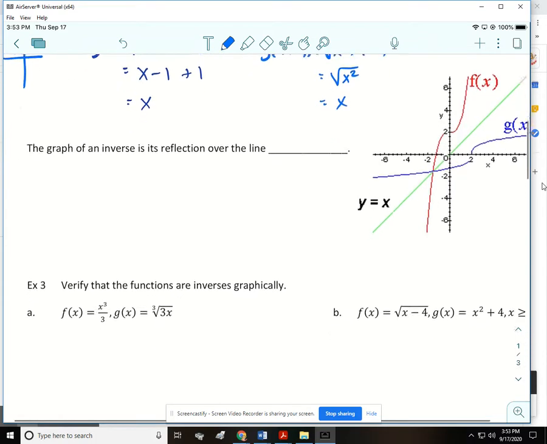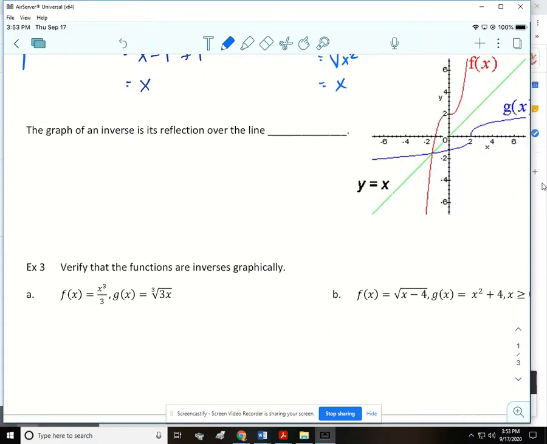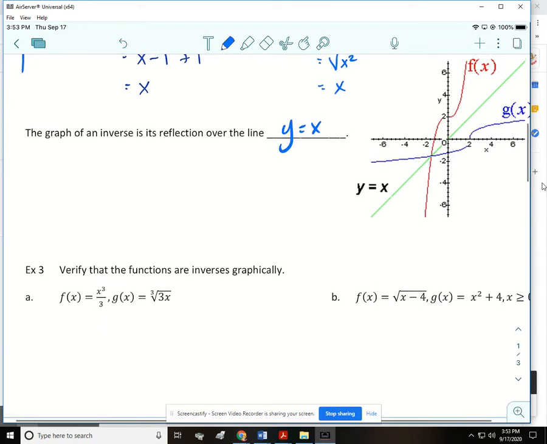Okay, and then for the next part, we can also verify using a graph. Inverses are reflections over the line y equals x. So if you folded your paper on that line y equals x, the f would fold right on top of g.